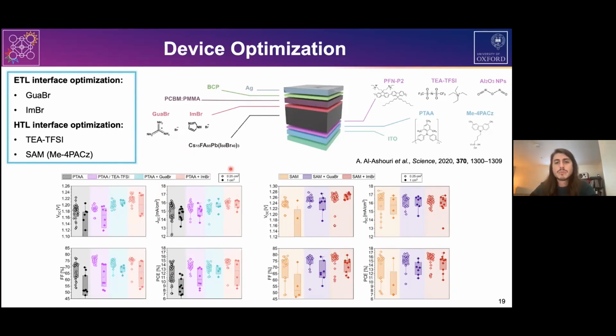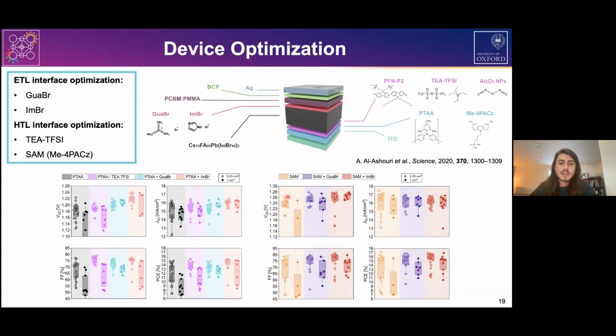So we decided to replace the PTAA layer with a self-assembled monolayer. As you can see, just switching from PTAA to the SAM, we immediately have a big improvement in the VOC, the JSC, and the fill factor. So basically all parameters went up.